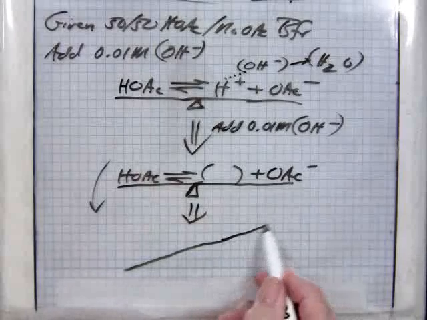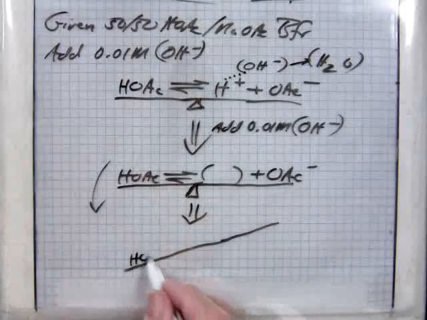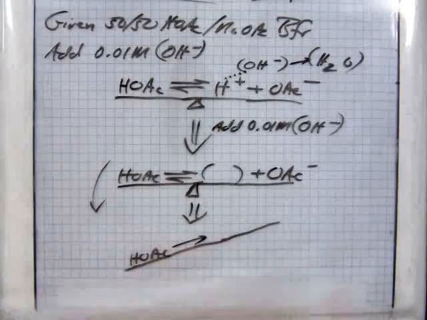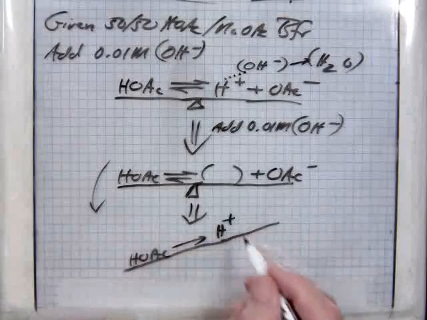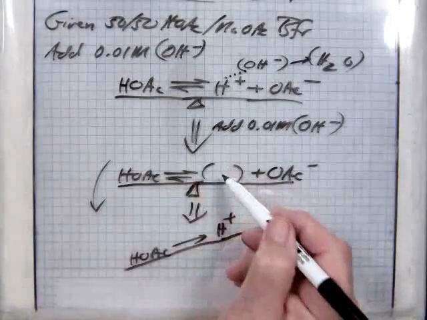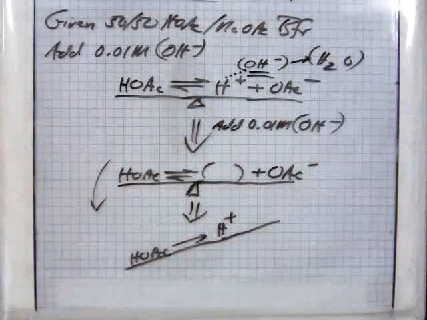Like that. Right? Okay, so now we have HOAC, and we've got to shift back to the right to add the new hydronium ion, and it's going to continue to keep a void there until all of the excess OH is removed.